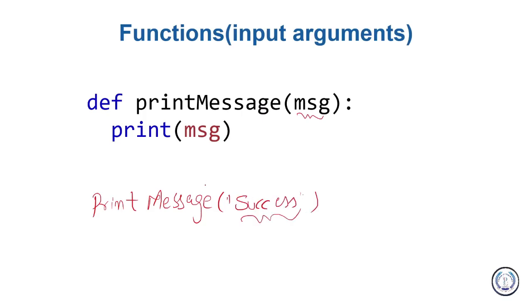Now success will be printed. Next time we call the function and we give another argument, maybe a string, let's say 74 errors, that will be printed, or anything. I mean, anything that you supply will be printed.